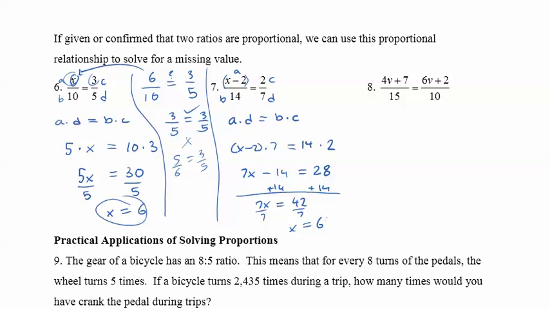Well, let's check it. If you think that's weird, getting the same answer, well, you can check it. So 6 into x minus 2. So 6 minus 2 over 14 equals 2 over 7. 6 minus 2 is 4.